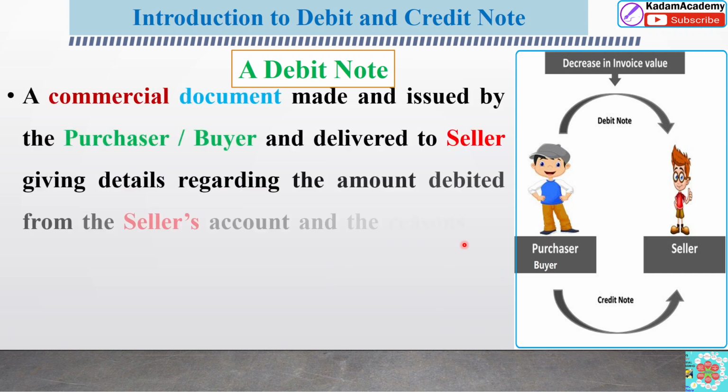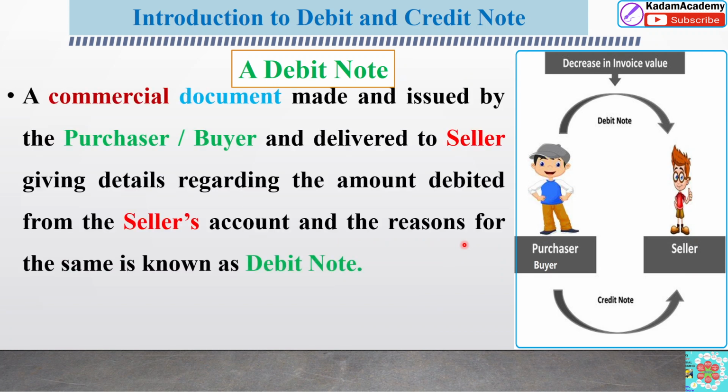So friends, now we'll see the debit note. The debit note is a commercial document made and issued by the purchaser or buyer and delivered to the seller, giving details regarding the amount debited from the seller's account and the reasons for the same.